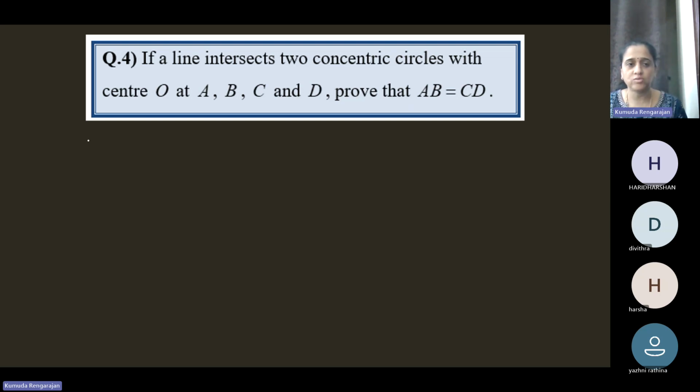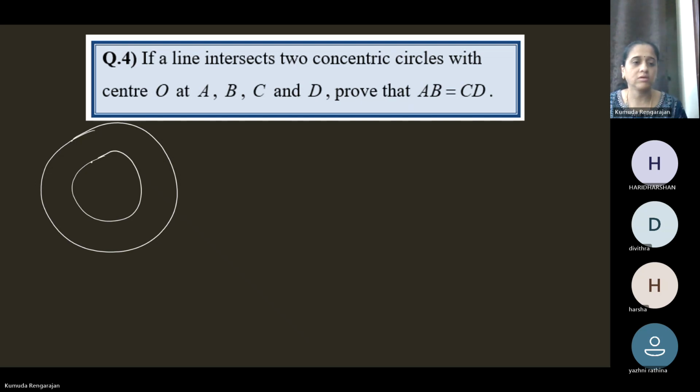If a line intersects two concentric circles with center O at A, B, C, D, you should write it in order, A, B, C, D like this.